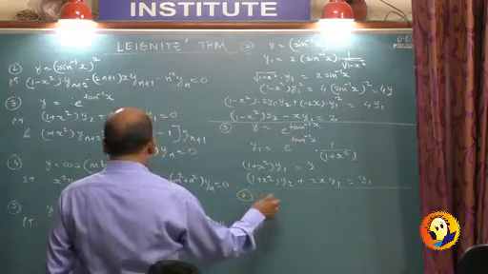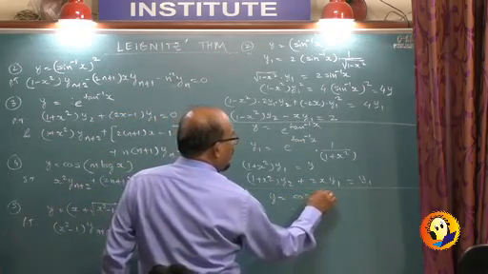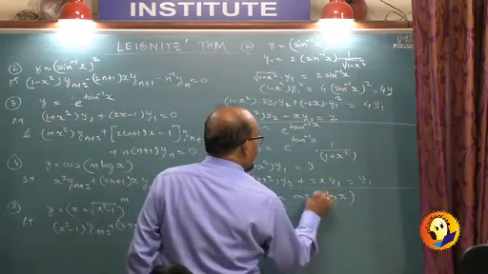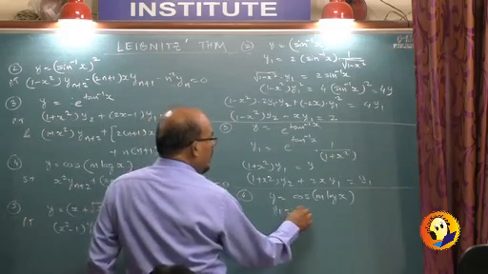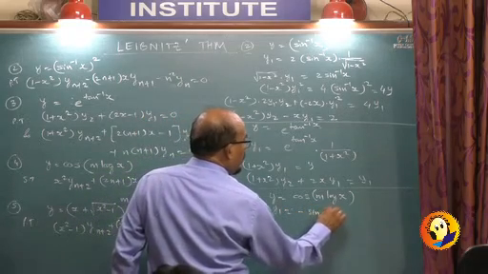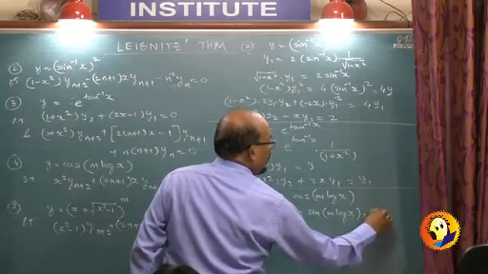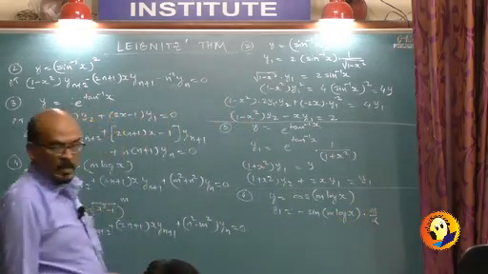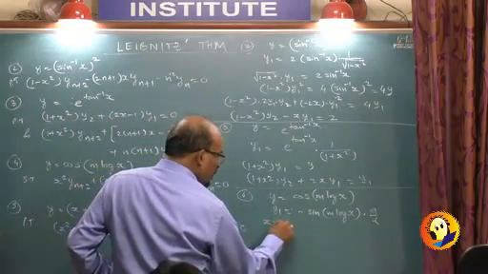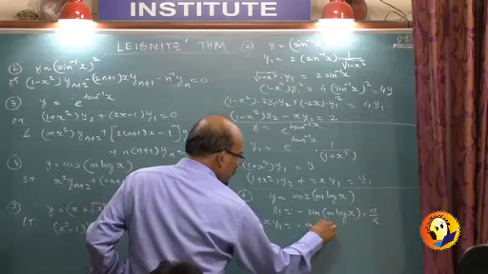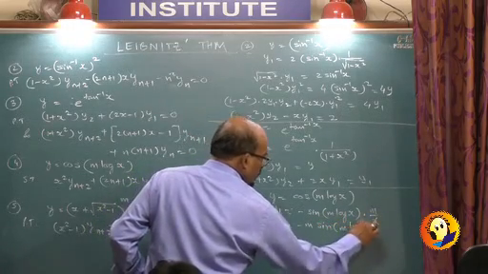In the fourth problem, it is y equal to cos of m log x. Now when we differentiate it, y1 will be minus sine of m log x into m upon x, so we can write it as x y1 equal to minus m sine of m log x.